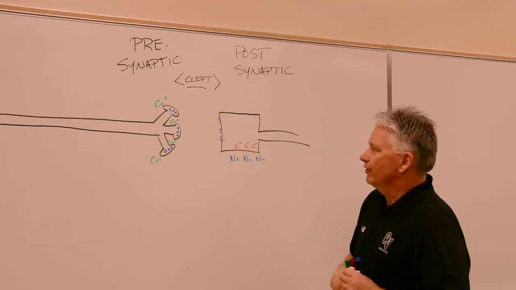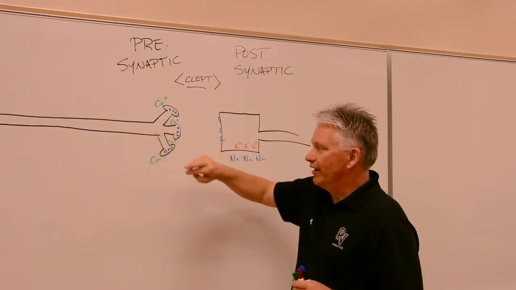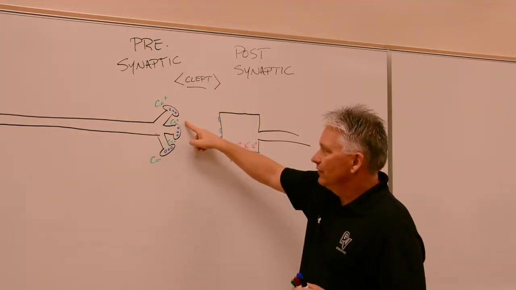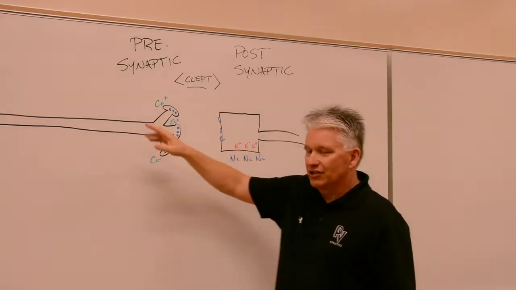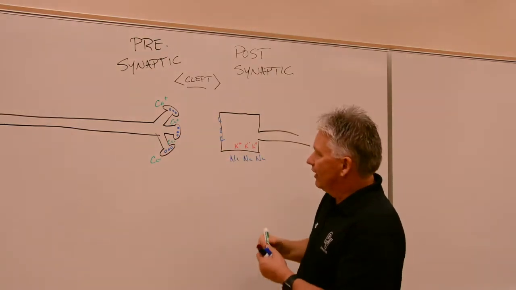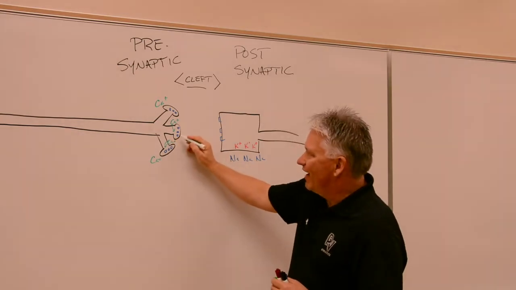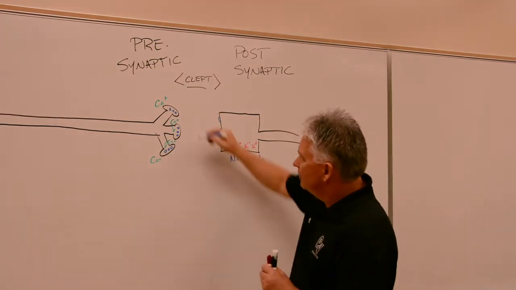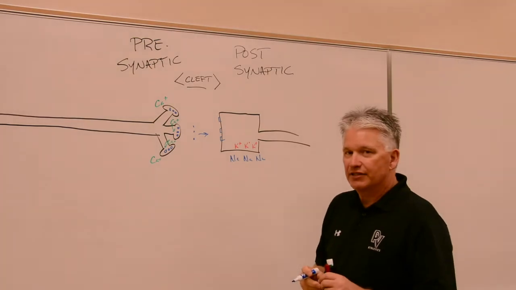Now, how does it happen? Well, action potential comes down. We're talking about changing membrane voltages. So calcium is going to have a voltage-regulated gate. It has an electrical charge, just like sodium and potassium did. And when calcium is allowed to enter the cell, calcium binding to these little synaptic vesicles is going to cause the release of the neurotransmitter into the space.